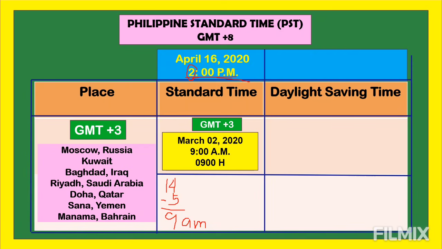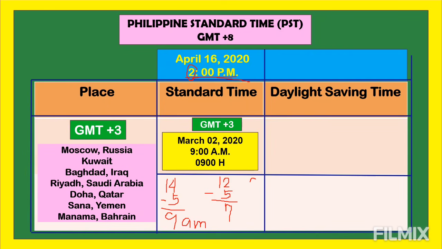So, another way of getting the answer is using the 12-hour difference. If we're going to use the 12-hour reference, we're just going to subtract 5, the time difference, from 12, and that is equal to 7. Then this difference, we're going to add to the time.